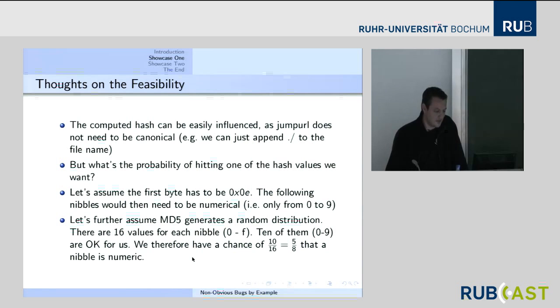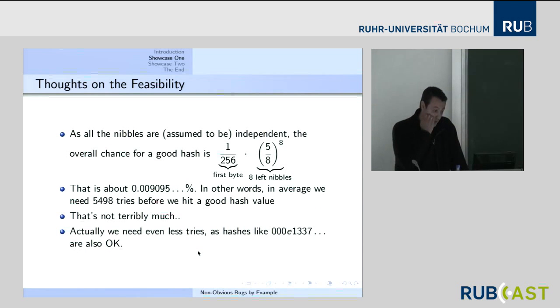So we have 16 values for each nibble, and 10 of them are okay. That is the chance of 5/8 that a nibble is numeric. As all the nibbles are independent, the overall chance is 1/256 for the first byte, which needs to be 0x0E, and then (5/8)^8 for the remaining 8 nibbles, which is about 0.009 something percent.